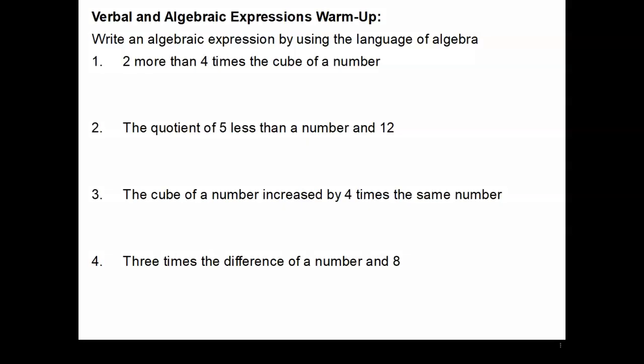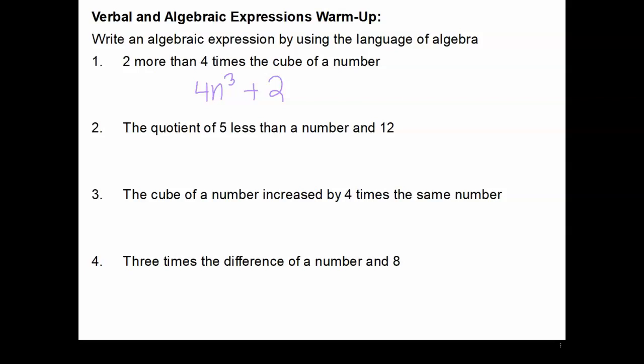So in that very first one, 2 more than means we're adding. So we add 4 times a number cubed, adding 2. So 4n cubed plus 2. If you had 2 plus 4n cubed, that's perfectly fine as well.